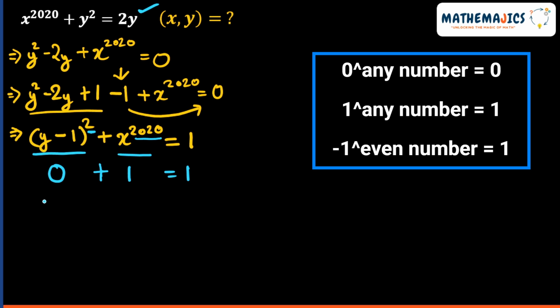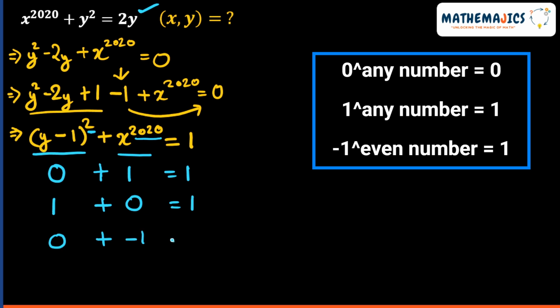Let's look at another possibility. The first term is 1 and the second term is 0. This is also possible. Let's look at another possibility. The first term is 0 and the second term is negative 1. Why? Negative 1 raised to power 2020, that is an even power, will give us 1.